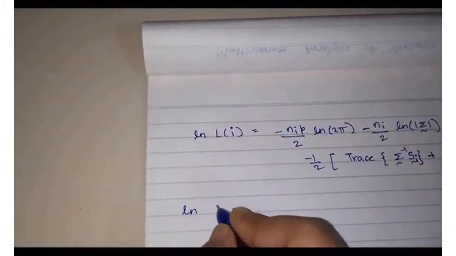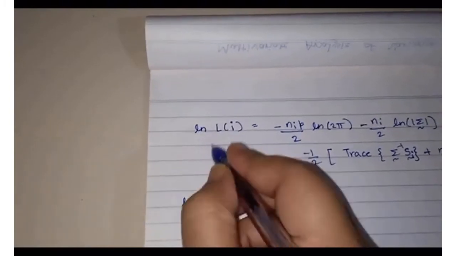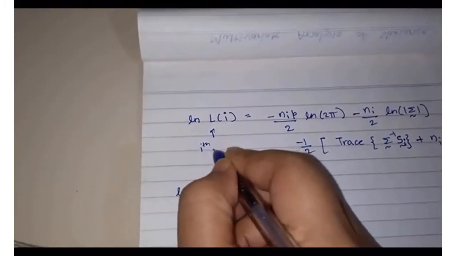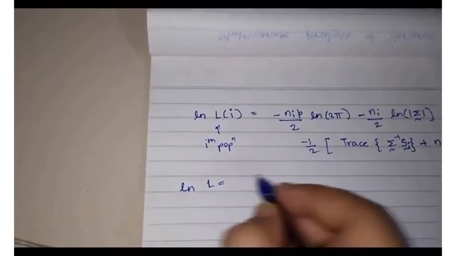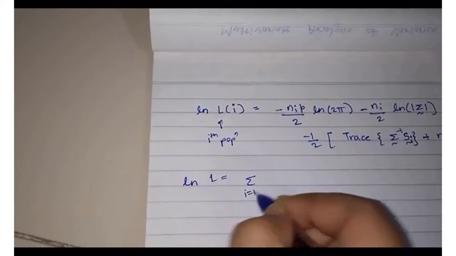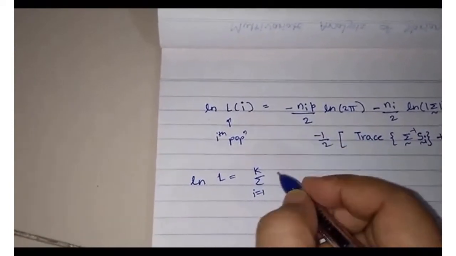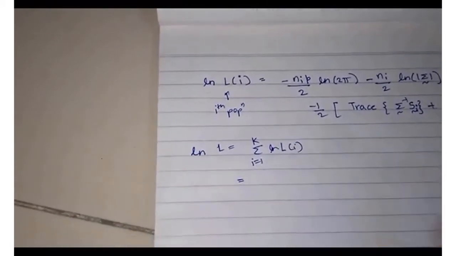Okay, the estimates anyway I will write down here so you can verify your answers from the question bank. So this is the log likelihood for the ith population. So the overall log likelihood would be the sum over all these, the sum over i going from 1 to k of ln L_i.